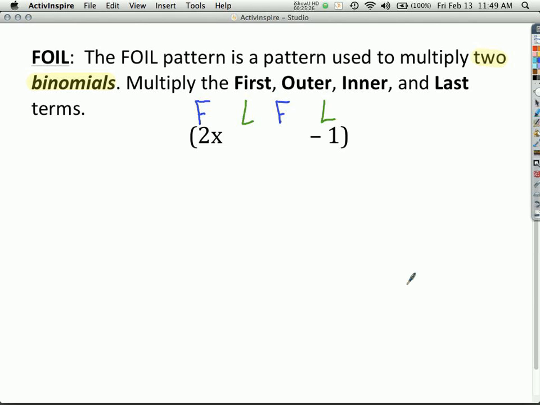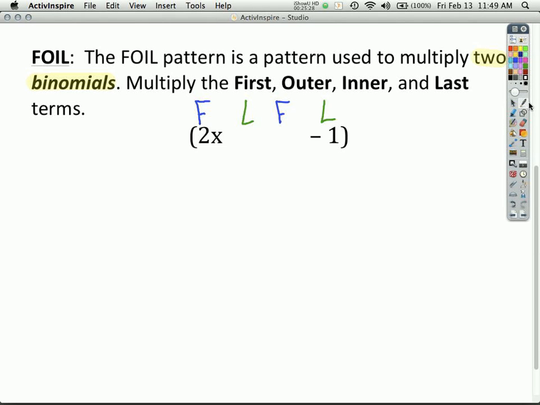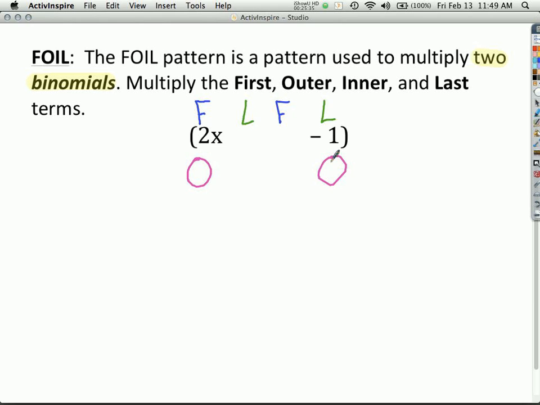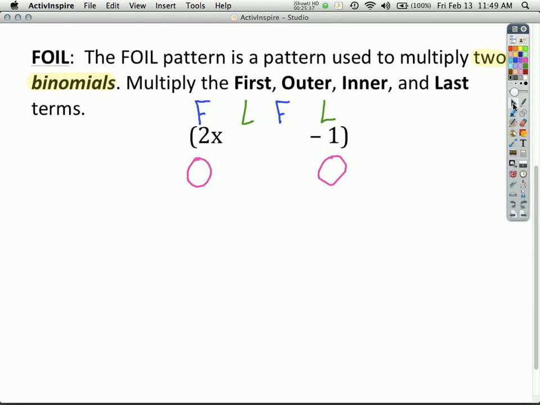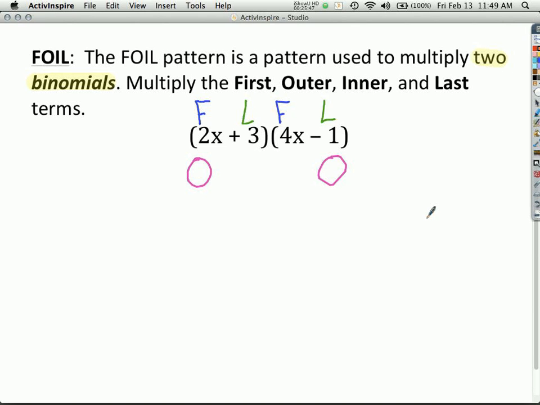If you're looking at the whole thing now, that's on the outside. So those are the outer. So if 2x and negative 1 are the outer, what do you think the inner are going to be? Deja? 3 and 4x.